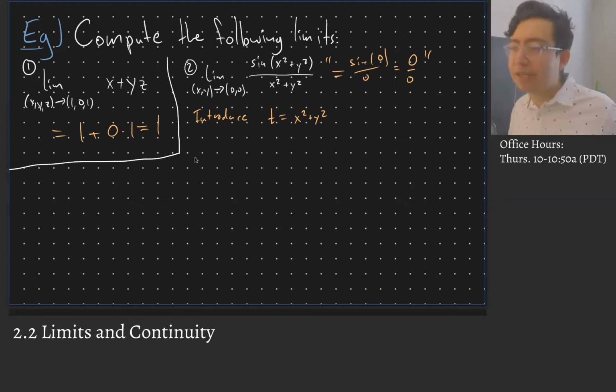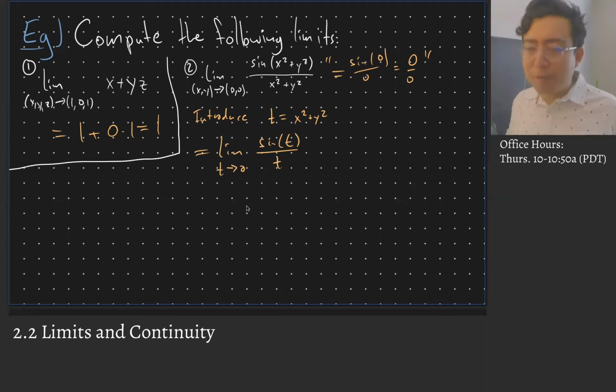So here we do this. Now suddenly taking xy to 0, 0 is the same as taking t to 0. Both of those things are equivalent, right? And so this limit becomes the limit as t goes to 0 of sine of t over t.